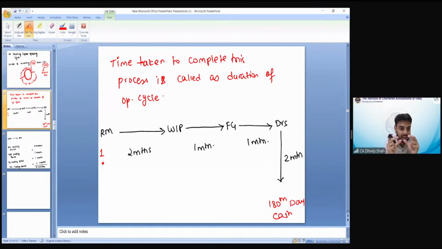I just need to manage funds for 180 days. And that is your working capital needs. Are you following? Did you understand the concept of working capital, operating cycle, and duration of operating cycle? Any doubts in this example? I hope you are able to visualize.